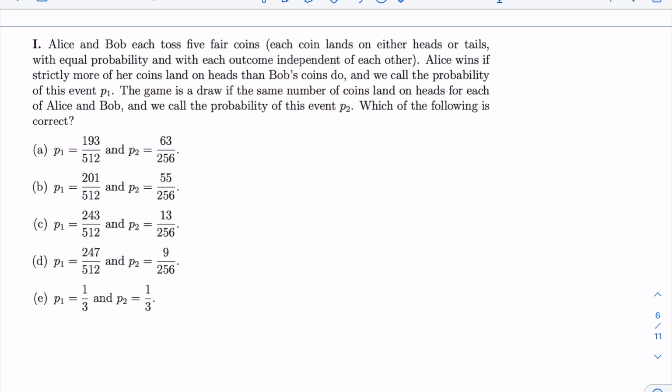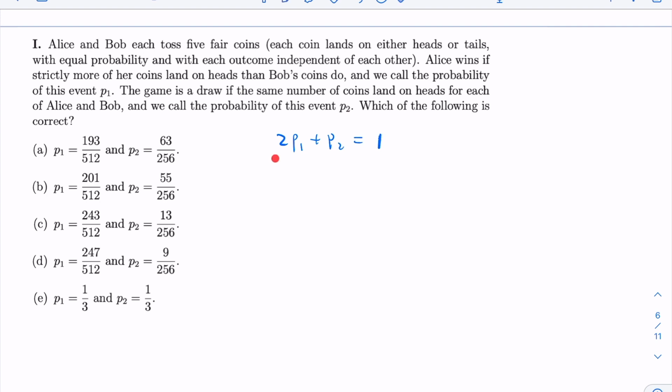For the other case, that is, if Alice loses, by the symmetric property, that's going to equal P1. So in other words, we have 2P1 plus P2 equal to 1.